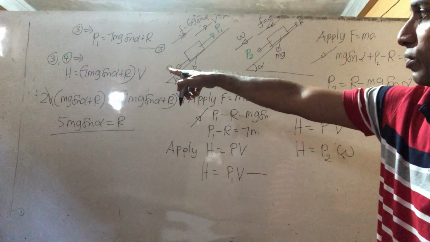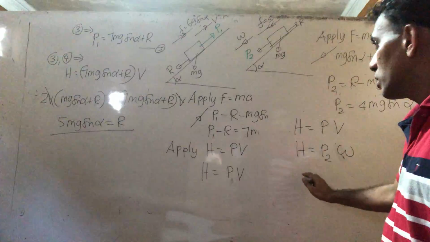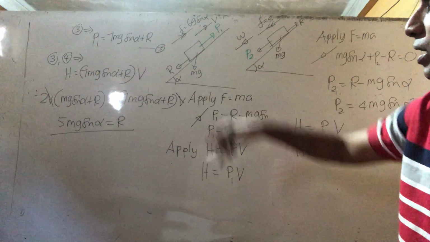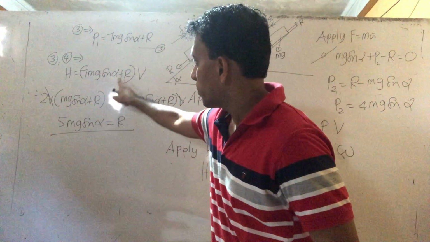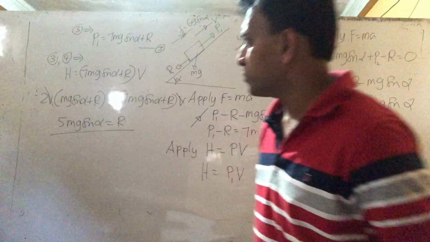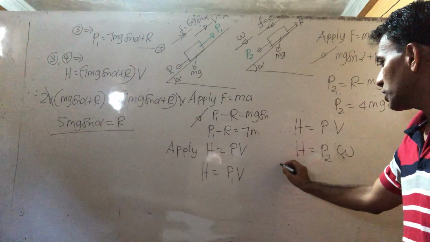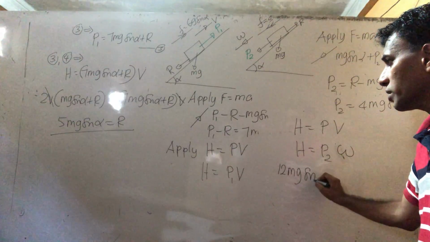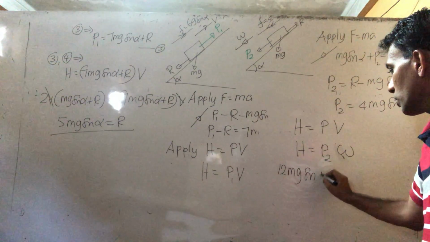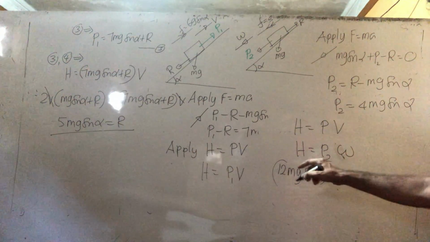You know the H, already mentioned. R is also known, you can apply R there. What happens if you apply this R? See, 12 mg sin alpha, is it? Substitute this H for the 7 mg, 12 mg sin alpha into V. Okay, so what is P2?